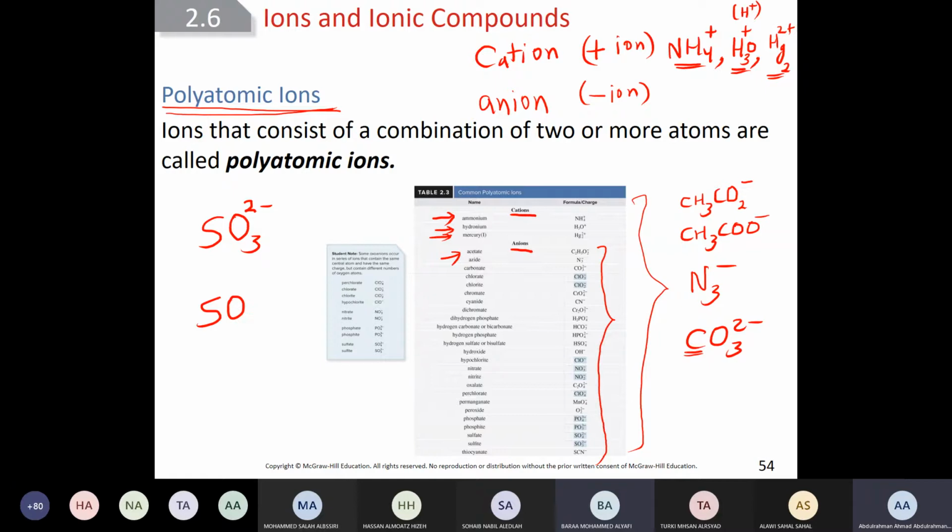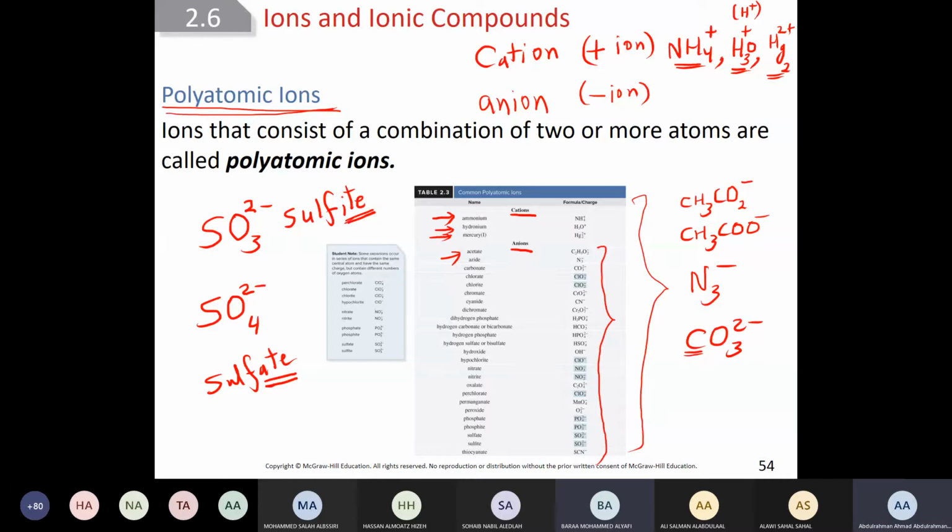This one is sulfite, to memorize, and this one is called sulfate. What's the difference between the two names?